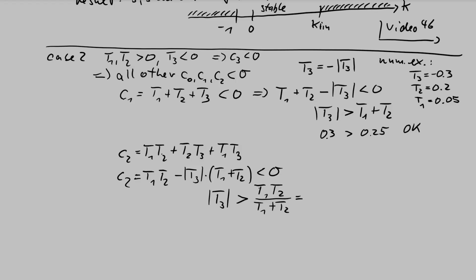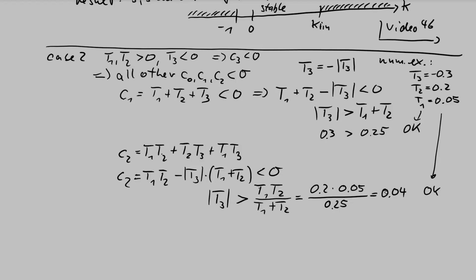In our case, T1, T2 product gives 0.2 times 0.05 divided by the sum 0.25. This gives 0.04, and T3 magnitude is 0.3, and 0.3 is of course larger than 0.04, so this is in our case okay.